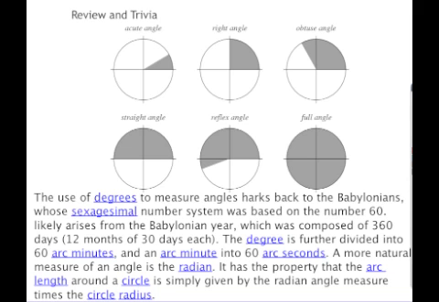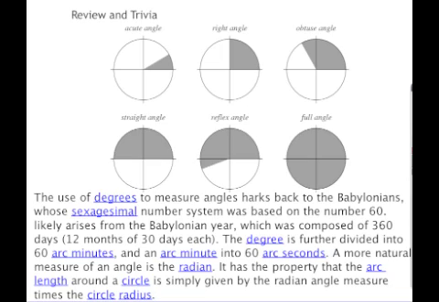And finally, we just got a little bit of review. Once again, I got this off of wolfram.com, and there's a nice little story here about how did we get degrees. I talked in the very beginning about how did we get degrees, and we got degrees because somebody had to decide how we were going to break up a circle into parts, what we were going to measure turns in, or angles in, or whatever we want to call that.